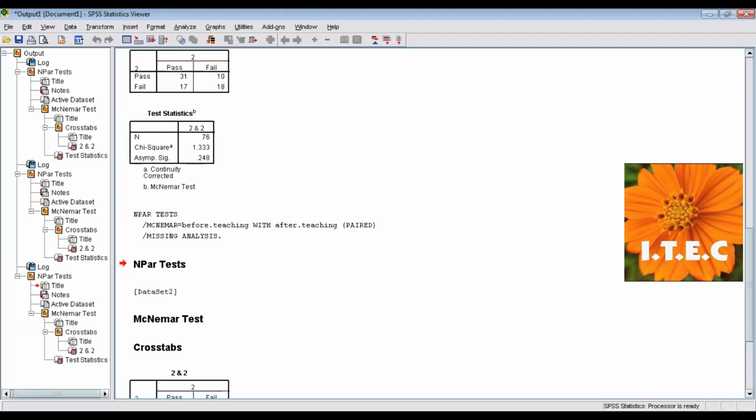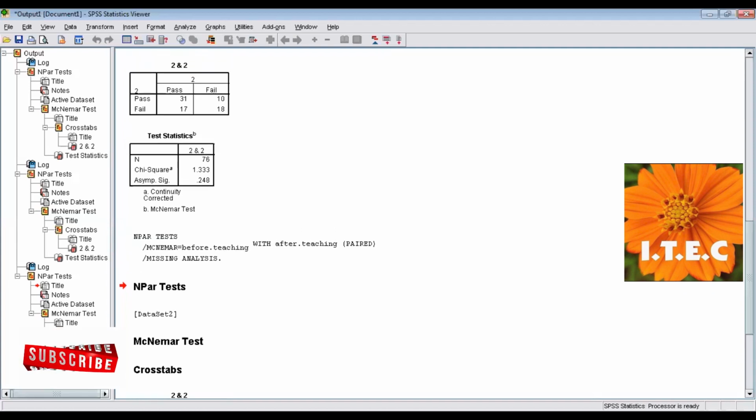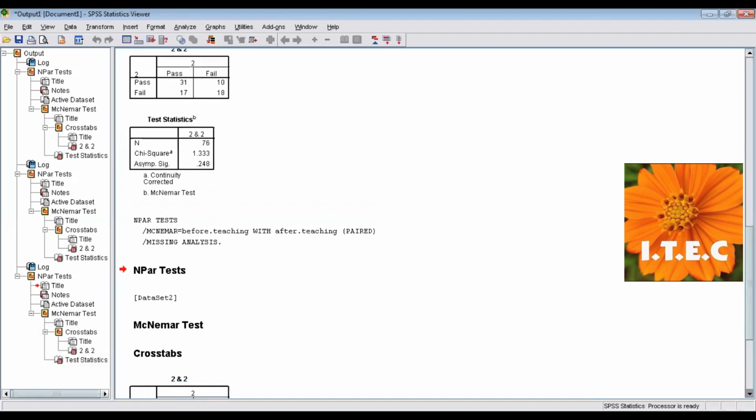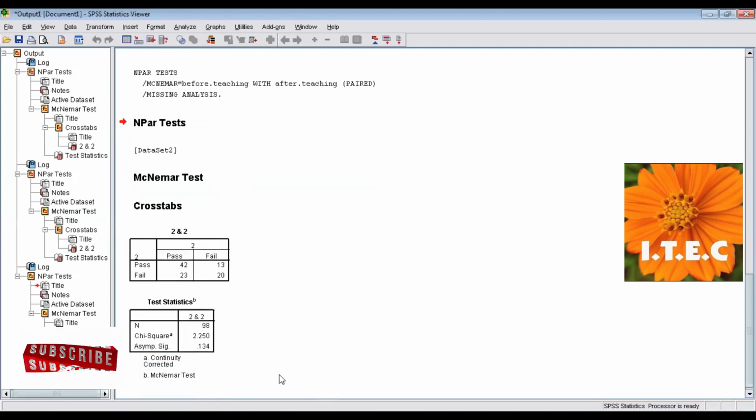So let us see how I analyze this particular data. Which one should I take? Should I take the chi-square value 1.33? Or should I take the chi-square value 2.250? Which one do you want?